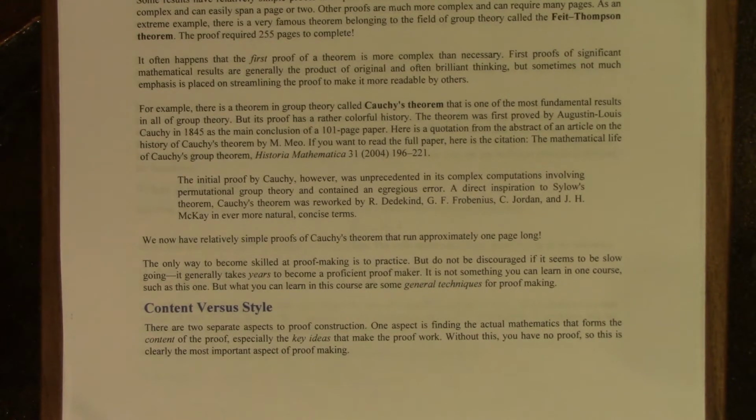First proofs are often the result of very original and brilliant thinking, and so one turns his attention to something else rather than reworking the proof to improve the pedagogy. As an interesting example, there's a theorem in group theory called Cauchy's theorem, and it's one of the fundamental results in all of group theory.